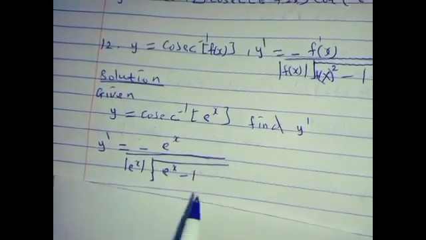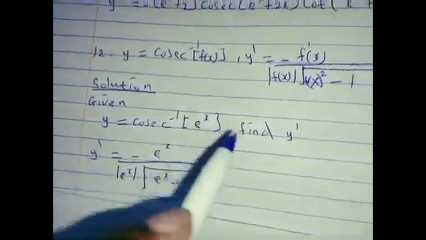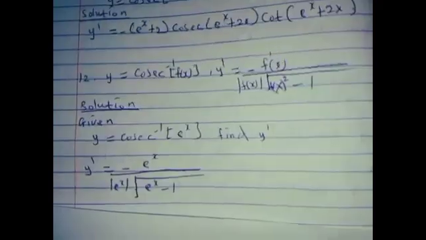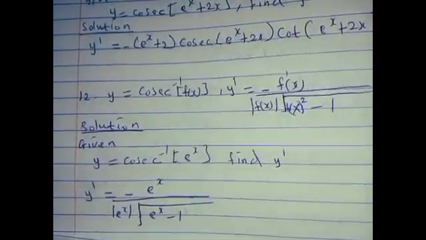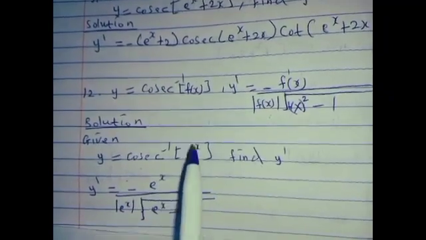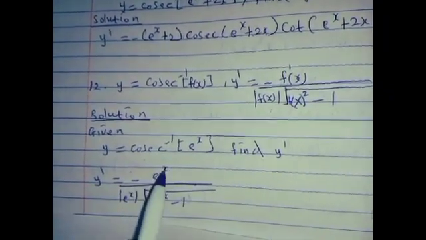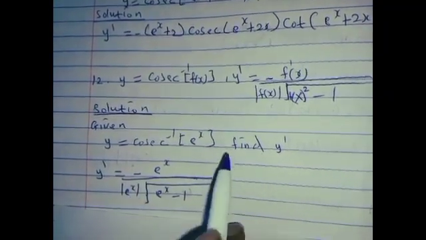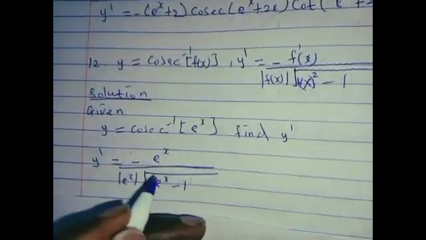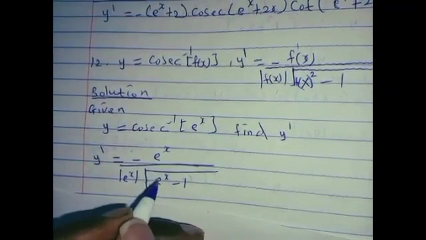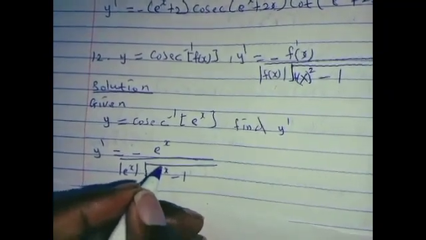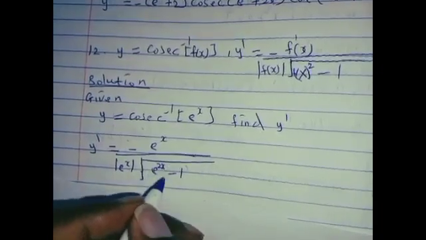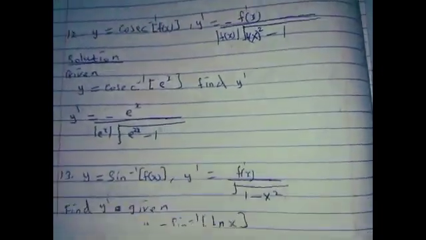To do that, we differentiate exponential x to get exponential x, and from the formula, minus over the modulus of exponential x, then we square exponential x. So exponential x squared will give us exponential 2x, square root of exponential 2x minus 1. So that is the result.